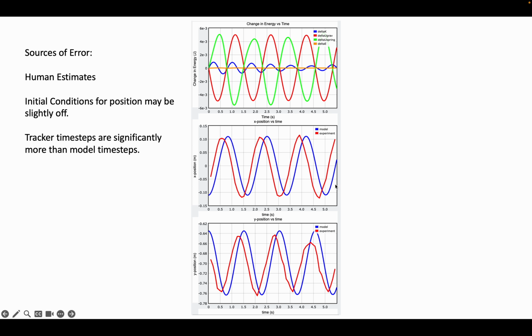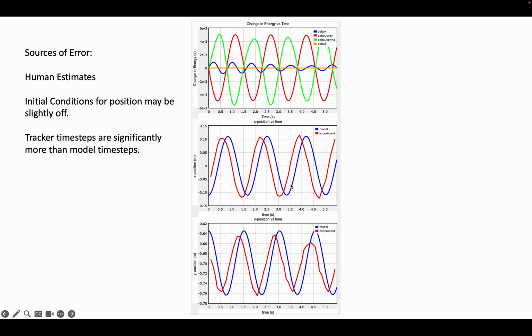And the reason this y is all negative is because it all happened below the origin. And the tracker data is kind of jagged, and that's because the tracker time steps are significantly larger than the model time steps. And then the initial conditions for the position may be slightly off, which is why you have this gap here.